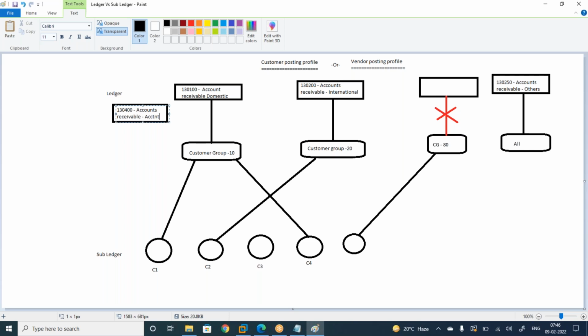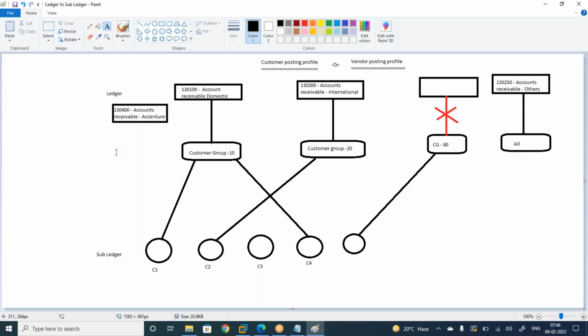I'm taking example Accenture. Why I'm telling this one? Because Accenture is my privileged customer.